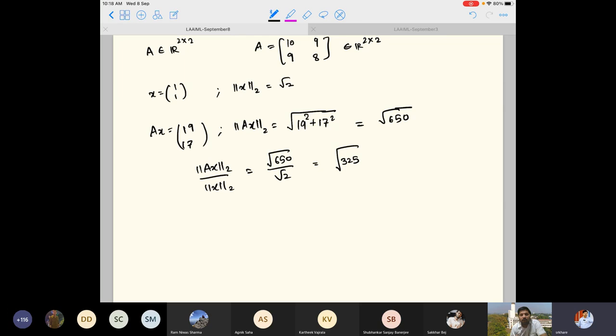So what are we going to do? We are going to take any vector x which is not equal to 0, do this exercise, look at the norm of x, look at the norm of Ax, and see what is the magnification induced. So for every x, there will be a number like this, right? You choose the maximum of all these numbers.